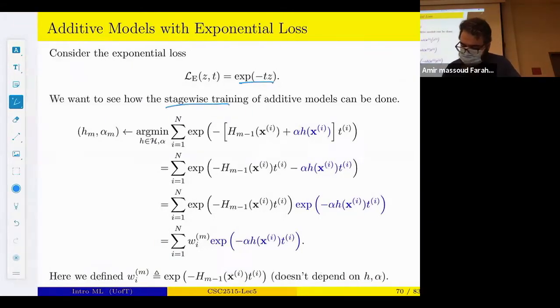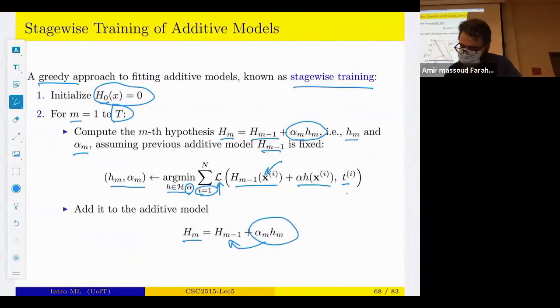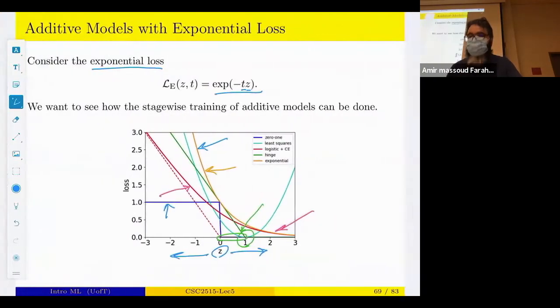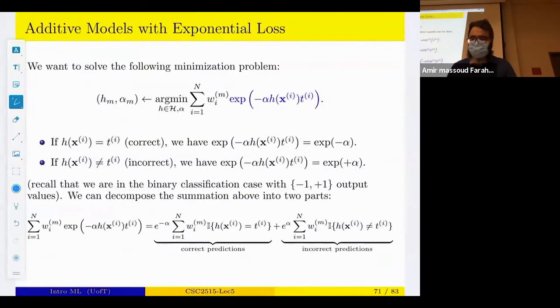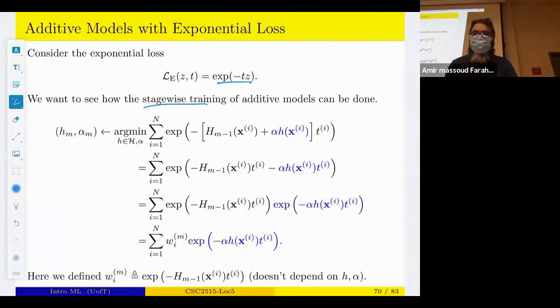So what we saw from the previous slide is what stage-wise training is doing. We just find the h and alpha that affects only this time, and the h of m-1 was fixed. So what is happening? I'm just plugging it in.